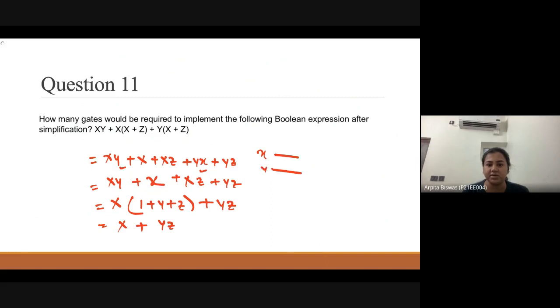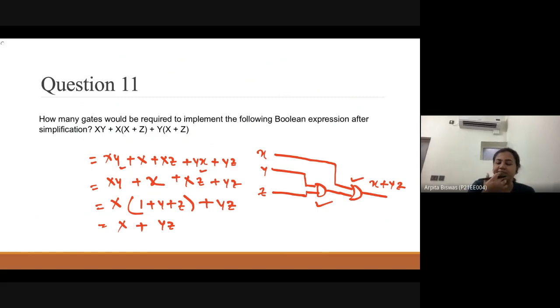And if we are taking y and z, the AND gate, right? And this is the plus, so the OR gate is also required. So now we can get x plus y into z. So how many gates are required? Only two, right?